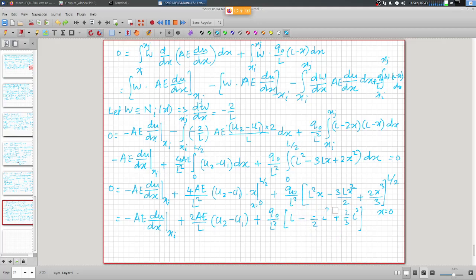So this becomes L cube by 2 minus 3 L cube by 8 plus 8 choice L cube by 12.